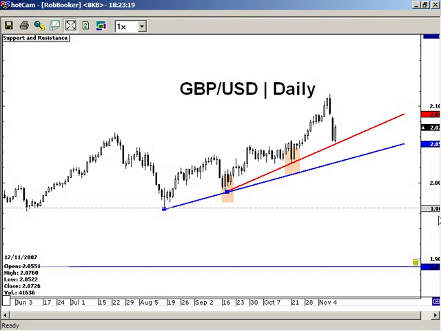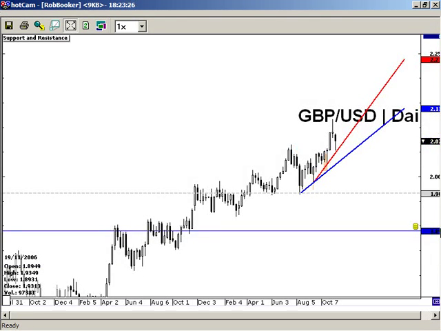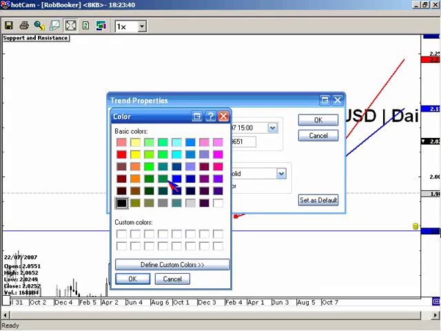Yeah. We could also switch to the weekly chart, Dave, and we could draw a trend line on the weekly chart. We could just take a previous low right here, draw it across here, and let's make this trend line black. Let's make the width 1.